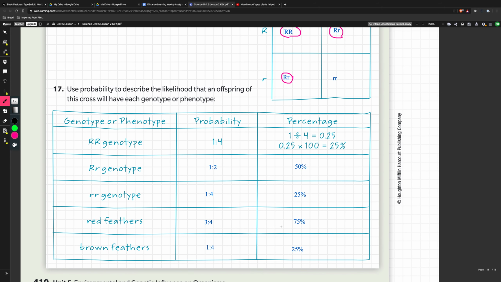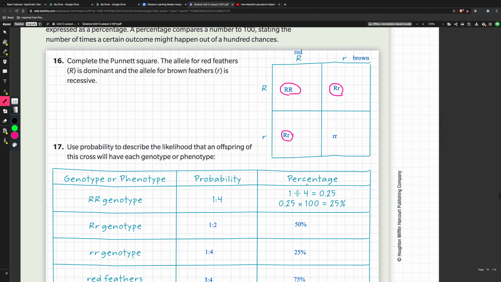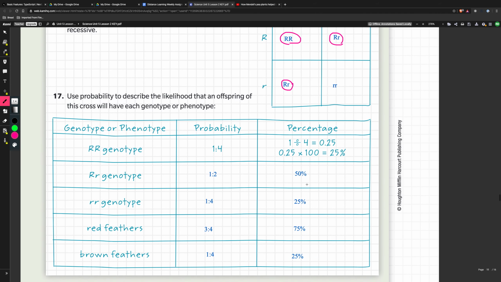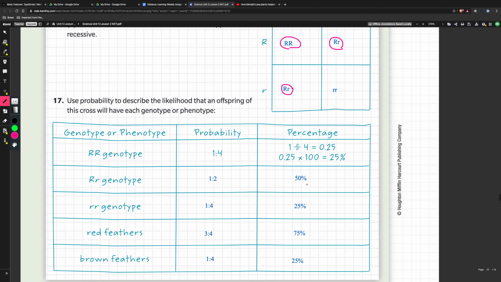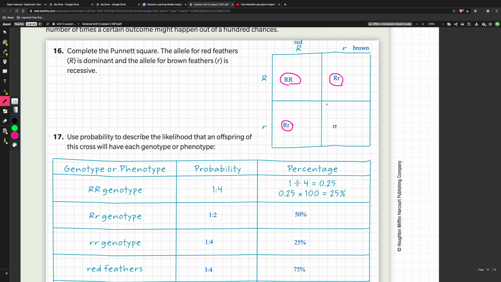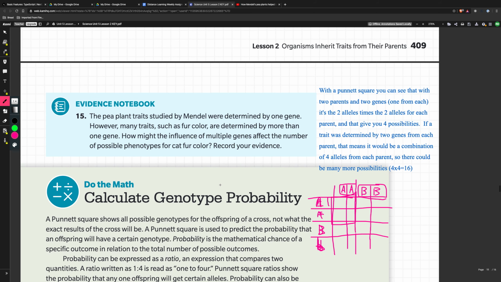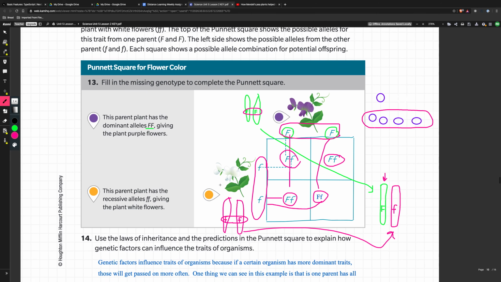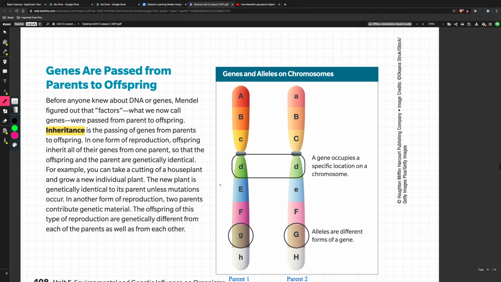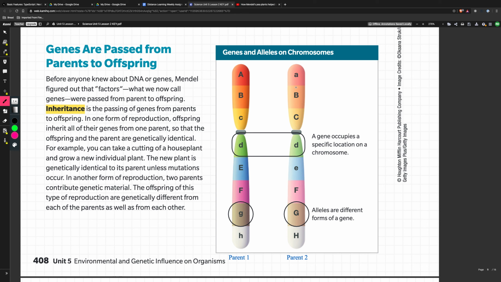So that is how you can figure out how genes are passed on. They use these squares a little bit, and you can figure out how things are passed down. It is kind of confusing with all these tables and everything, but the important thing to remember is that things are essentially getting passed down in chromosomes.